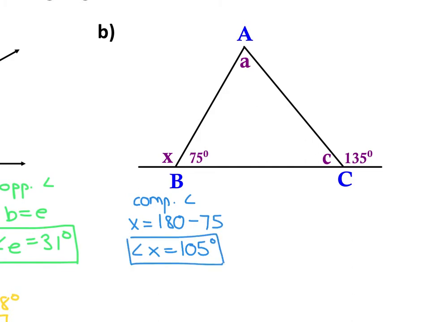Okay. We can also use complementary method. So complementary angle for C. So C equals 180 degrees, subtract 135. Okay. So we find that angle C is equal to 45 degrees.